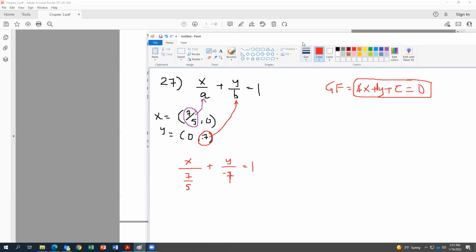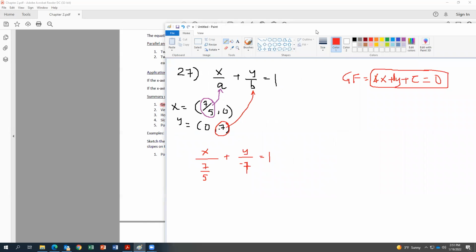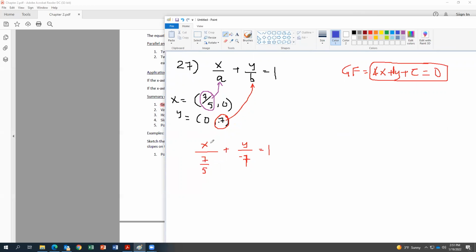So what we need to do here is make this a general form. Because this is a fraction over a fraction, we can do something with it. This is the same thing as x divided by 7 over 5.